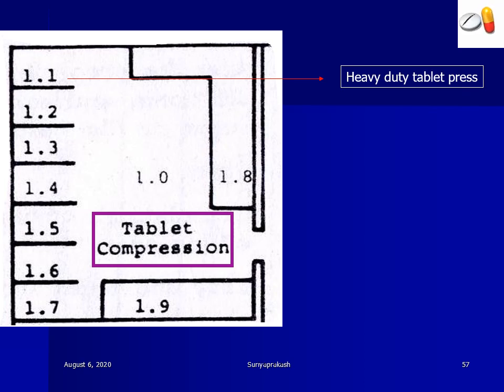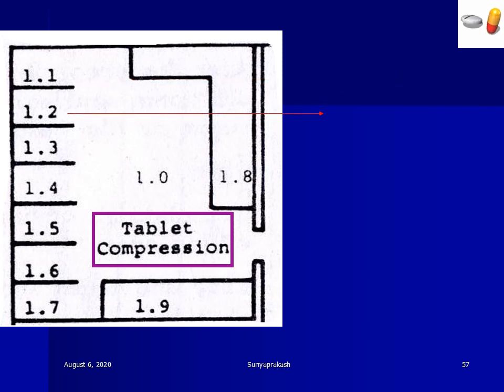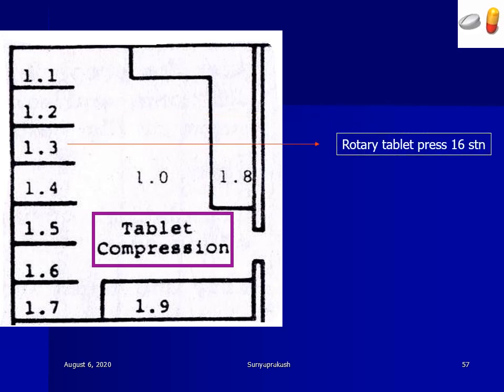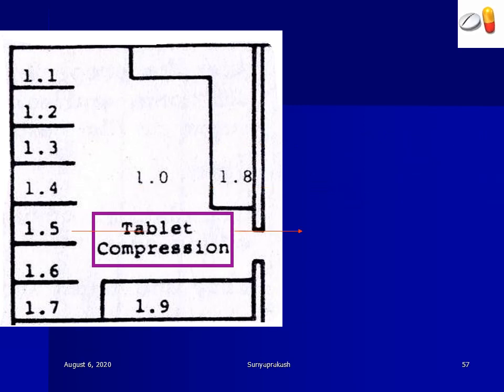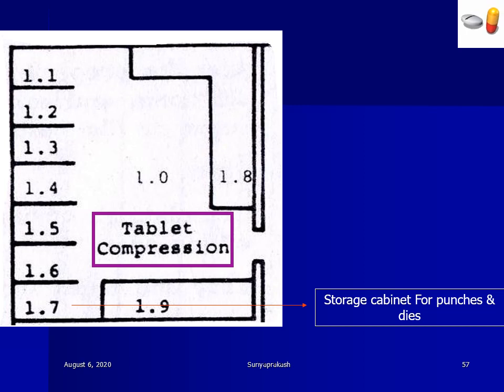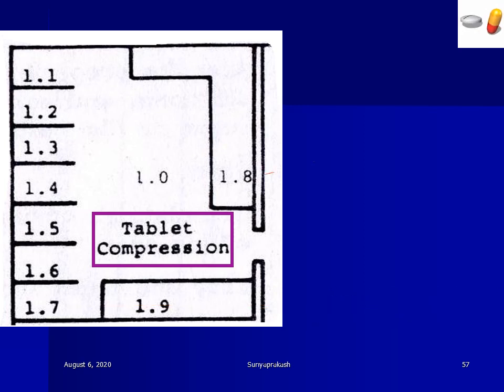Heavy duty means the tablet size will be like a bolus, 1 gram, 1.2 gram size tablets, very big tablets. 1.2 is the rotary tablet press, 54 station machine. 1.3 is a 16 station rotary tablet machine. 1.4 is the compression coating tablet press. 1.5 is the single punch tablet press. 1.6 is the tablet de-duster, removing the dust from the surface of the compressed tablets. 1.7 is the storage cabinet for punches and dies.